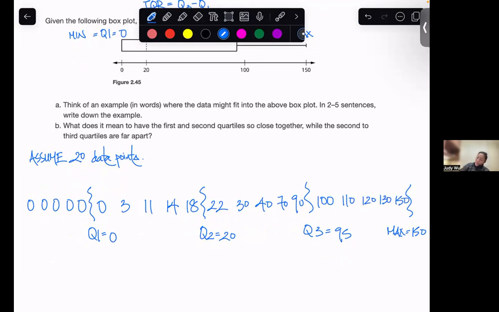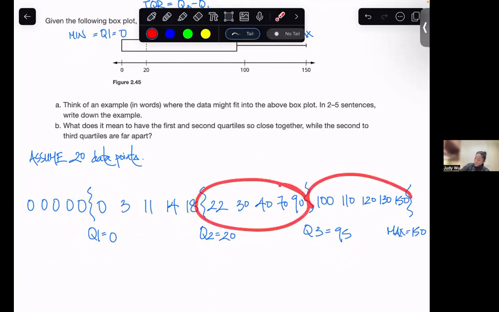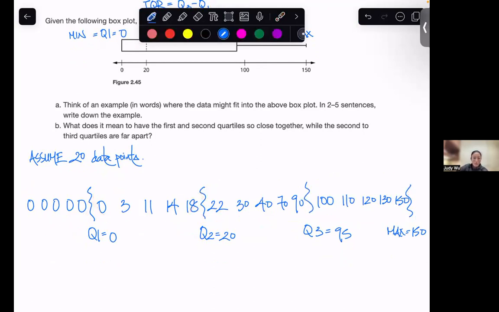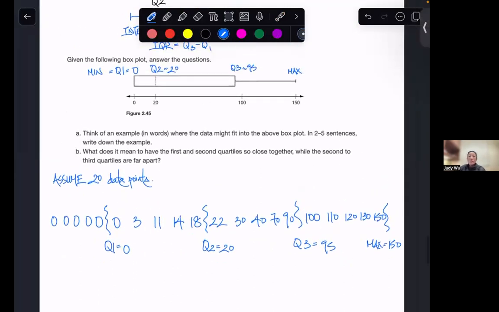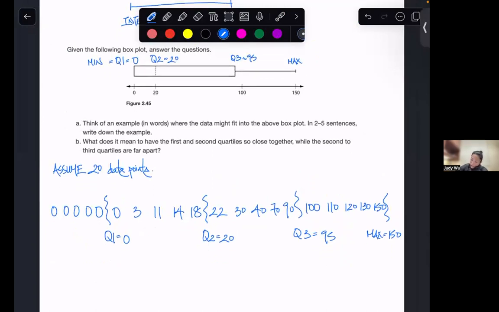And so we see we've got 5 data points, that's 25% of the data, another 5 points, another 25%, 25%, 25%. Now, let's actually think about a question that we might have asked in order to get this data. I've got a lot of zeros and then a few with the higher values.